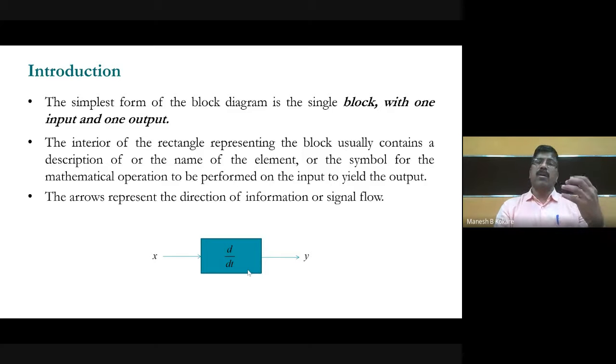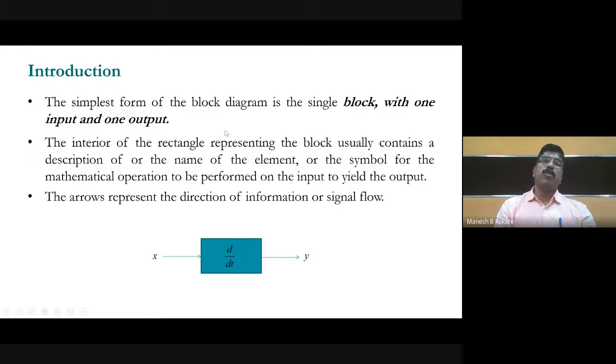Here, for your understanding, the mathematical operation is d by dt. Now, what is the relation between Y and X? On X, this operation d by dt will be done, so dx by dt will be the output of this block, and that output is nothing but Y. So Y is equal to dx by dt.